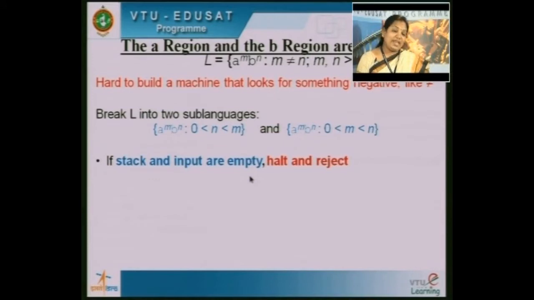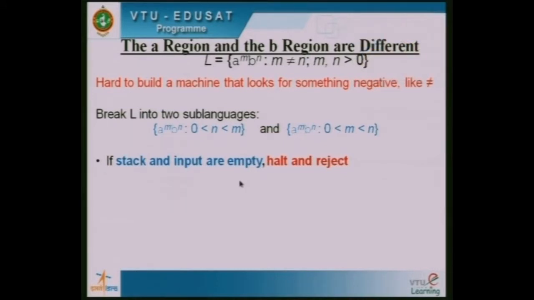So, when will the string be accepted and when will it be rejected? If the stack and the input are both empty, when will that happen? When the number of A's is equal to the number of B's. At that time it will halt and reject, because I do not want the number of A's equal to the number of B's.